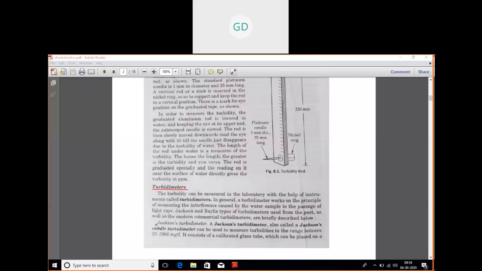Number one is the Jackson turbidimeter, and just write the range. For Jackson turbidimeter, the range is between 25 to 1000 milligram per liter. It is used to measure turbidities in that range. This much, if you remember, then it's sufficient.